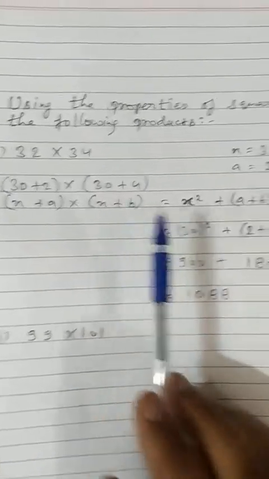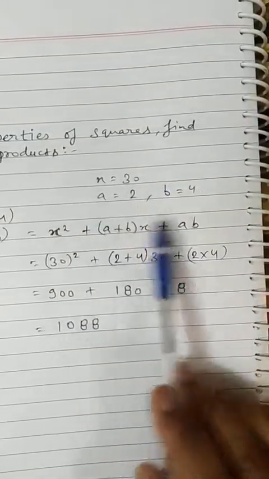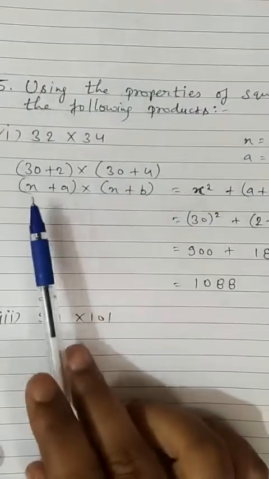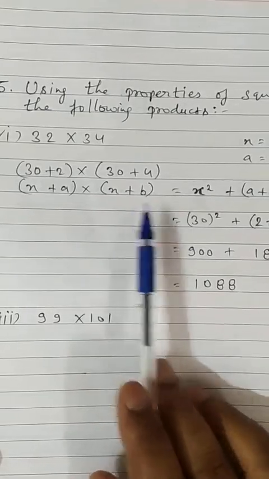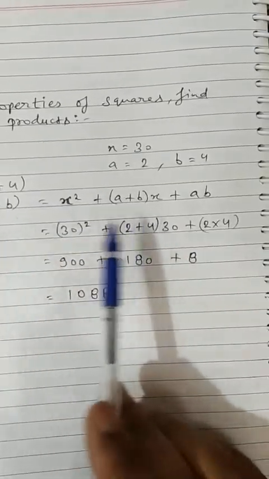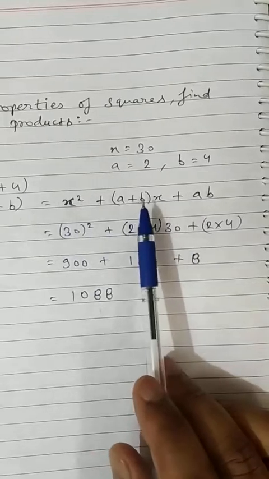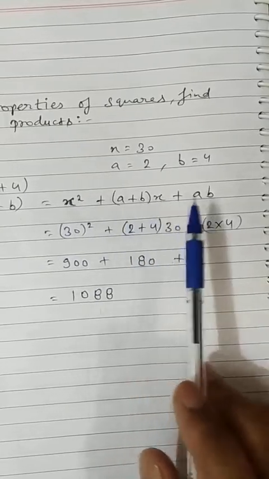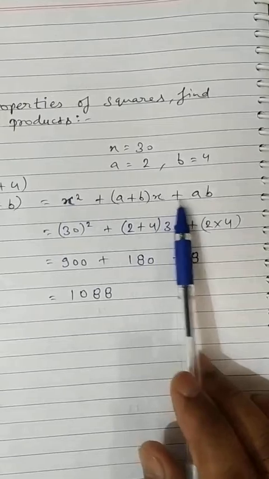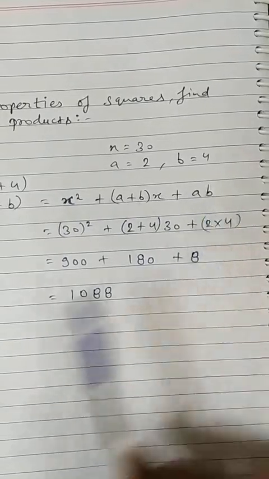So we put in the values of the variables. Then (x plus a)(x plus b) gives you x square plus (a plus b) x plus the product ab.